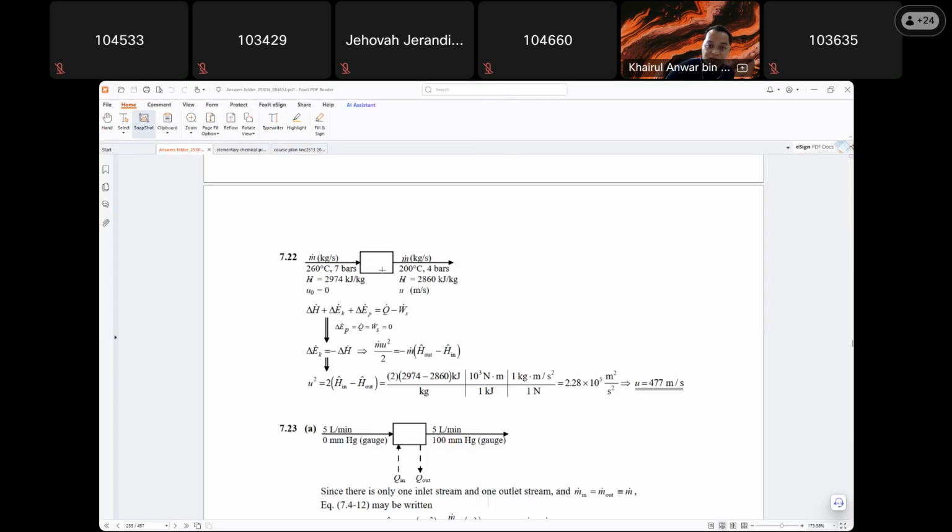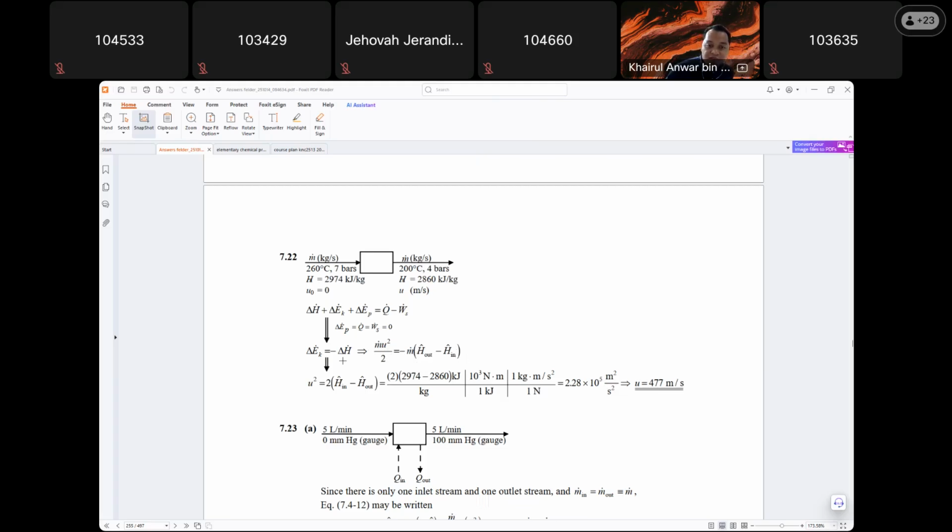Since the velocity for the inlet is 0, this is the velocity for the final or outlet stream.